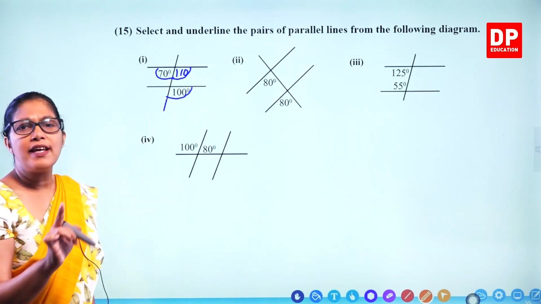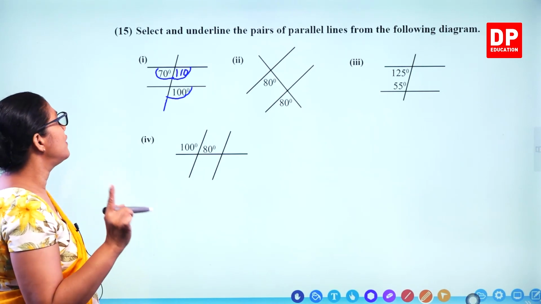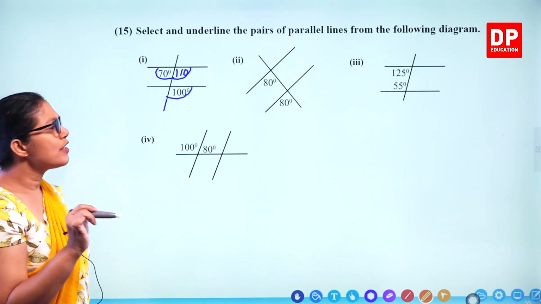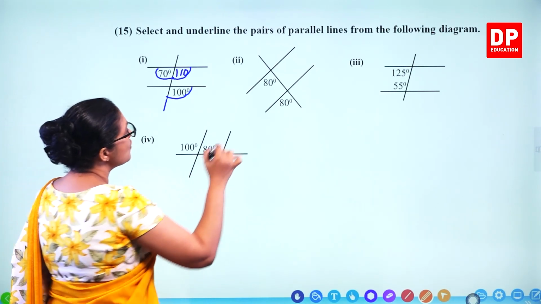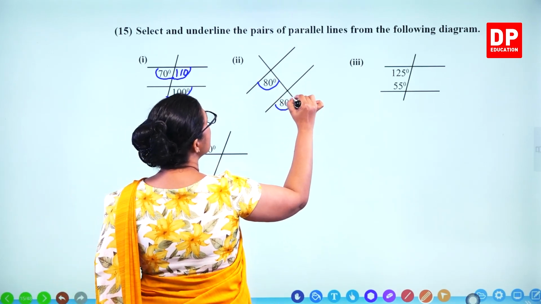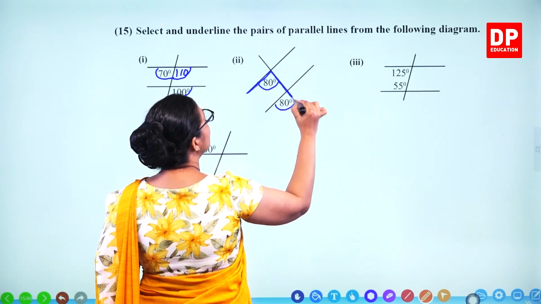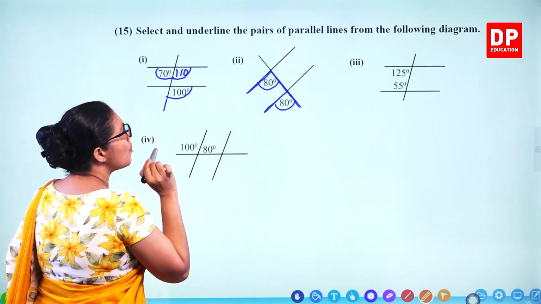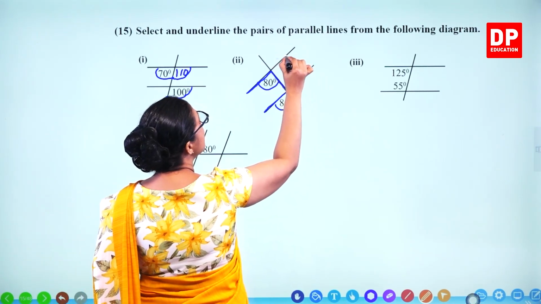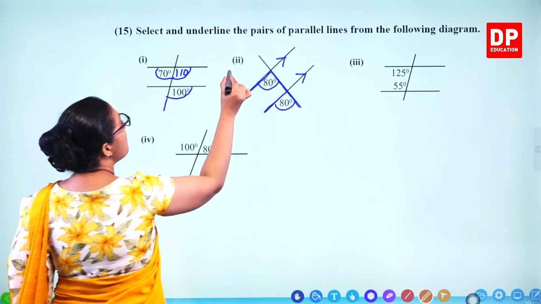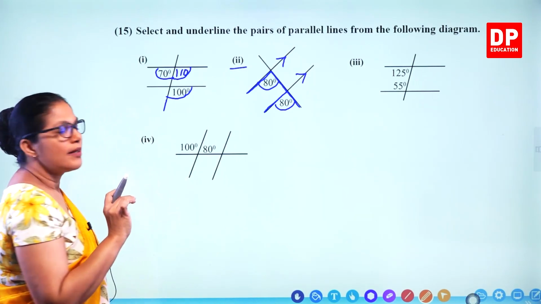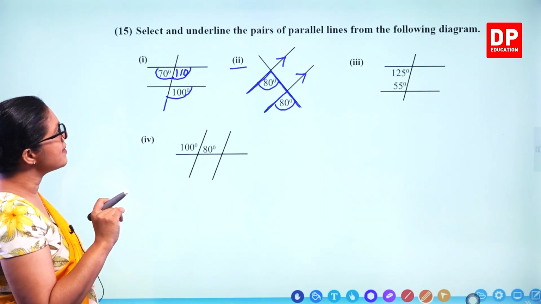The corresponding angles are not equal. So that means the two lines are not parallel. Look at this one, this and this. F letter. Corresponding angles are equal. That means the two lines are parallel. So in the second one, the two lines are parallel.